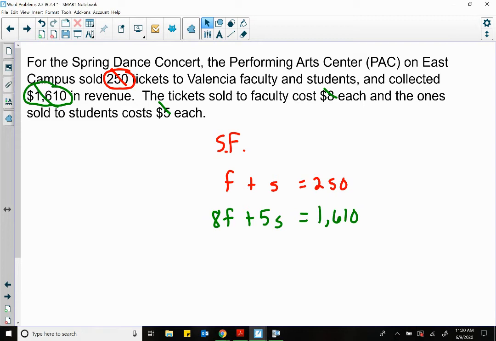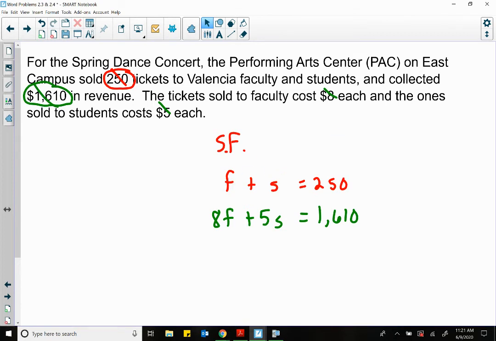All right. So how would you have solved this? Well, I would do elimination. I think elimination would be faster because again, I'm in standard form, but it's not bad to do substitution on this either. Okay. Because you actually have a 1 in front of the F and a 1 in front of the S, and you could solve for either one of those variables.